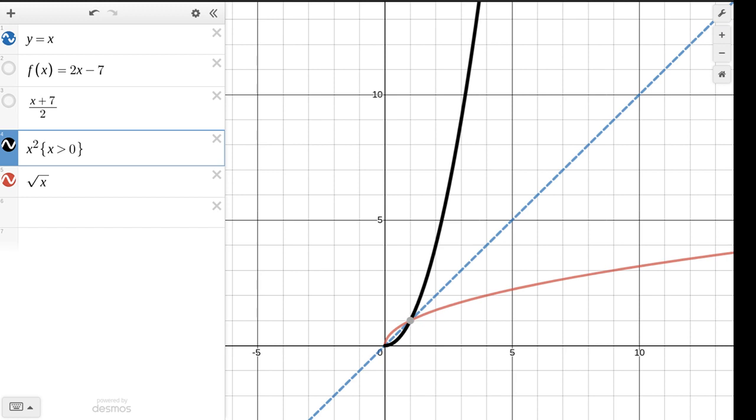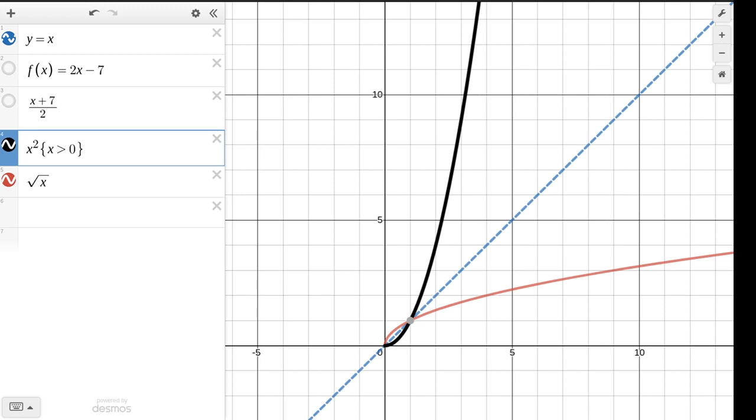We'll say y equals 2x minus 7. We'll change this to x and y: x equals 2y minus 7. That's the one we did before. And so my inverse of this is x plus 7 over 2. So we're saying these two things are inverses of each other.